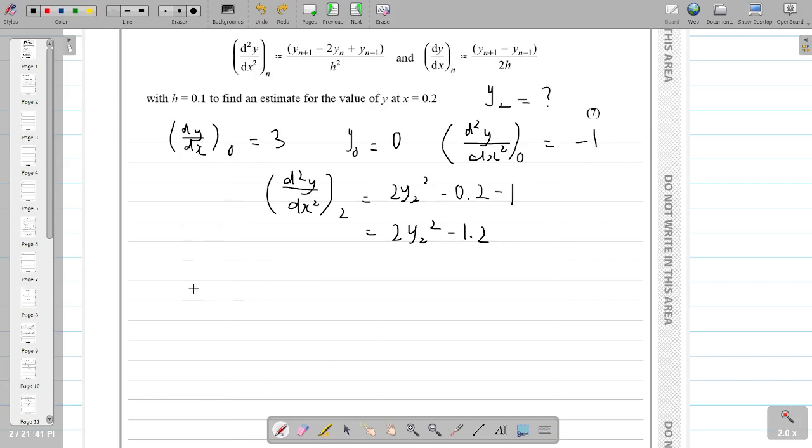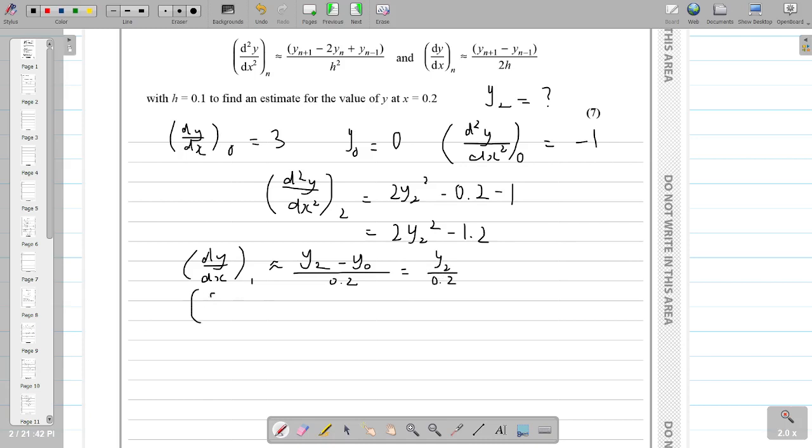So if we plug in n equals 1, we get dy dx at n equals 1, which is basically when x is equal to 0.1, is approximately equal to y sub 2 minus y sub 0 over 0.2, right? Which is equal to y sub 2 minus 0, because y sub 0 is 0, over 0.2.